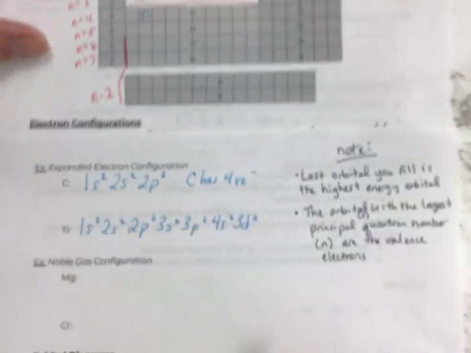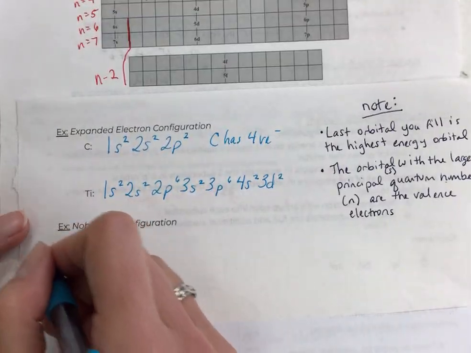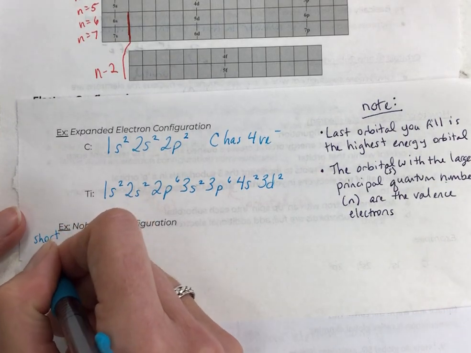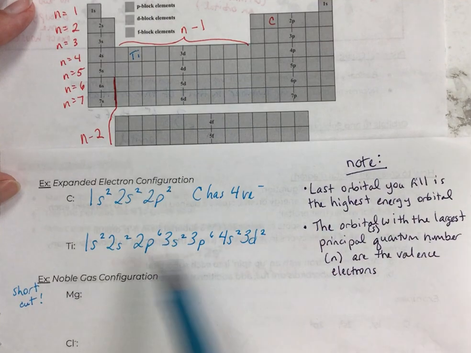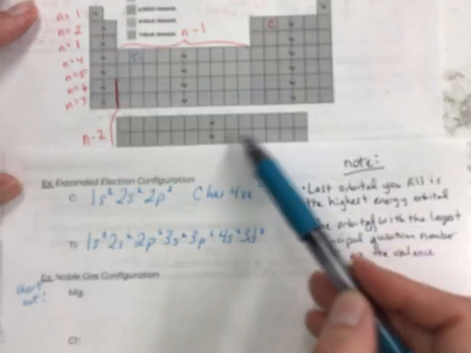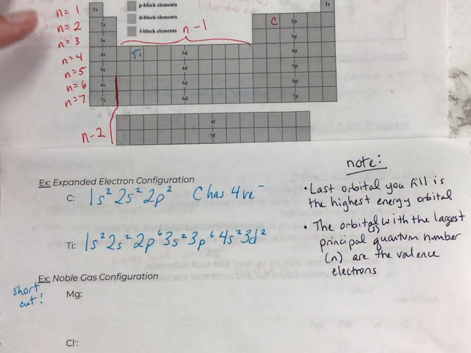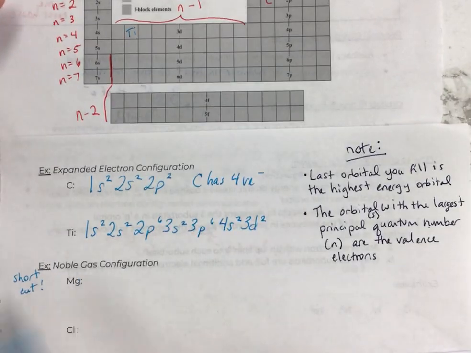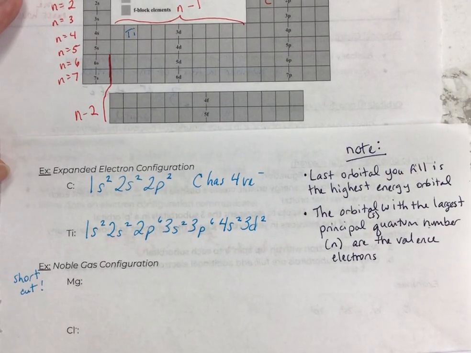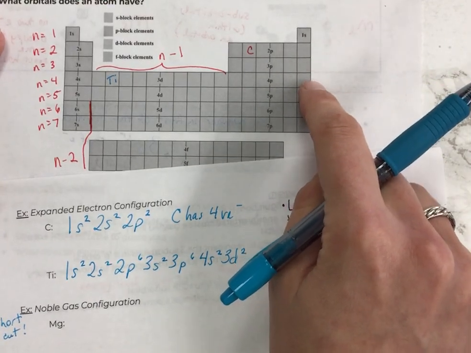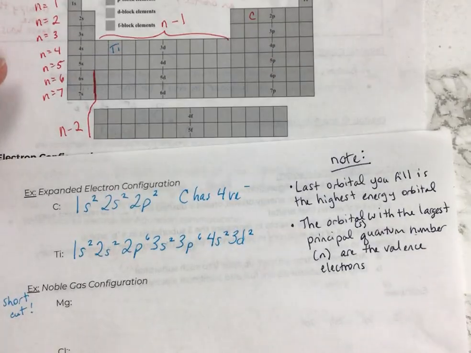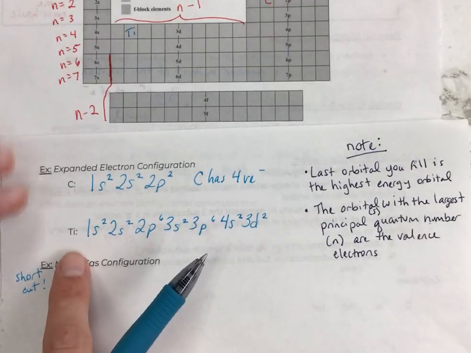Now, the next part is our shortcut way, the noble gas configuration. This is the shortcut way. You can imagine, even titanium is pretty long, but as we're getting to these bigger and bigger elements, we're going to get really, really long electron configurations. So my noble gas configuration is where we use a shortcut and we list the most recent noble gas and then just list what's after that. So for example, we can practice with titanium real quick.